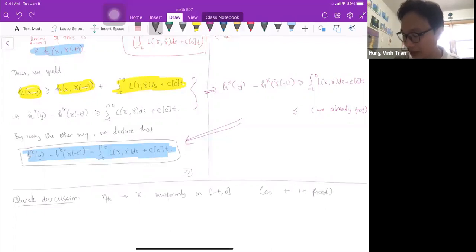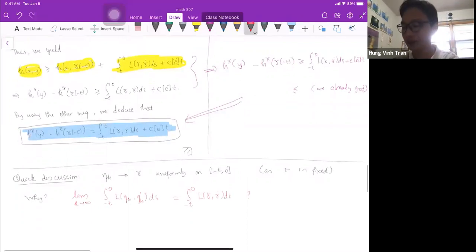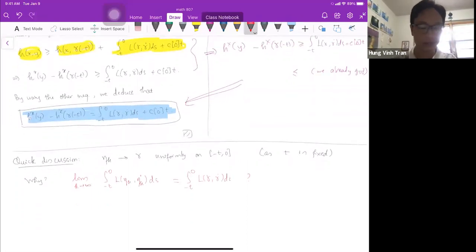Then the claim was that I have the limit as k goes to infinity. Or am I cheating something here?